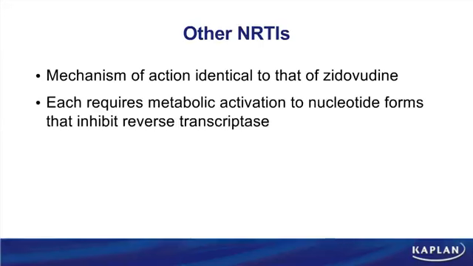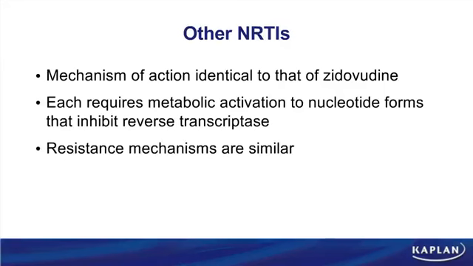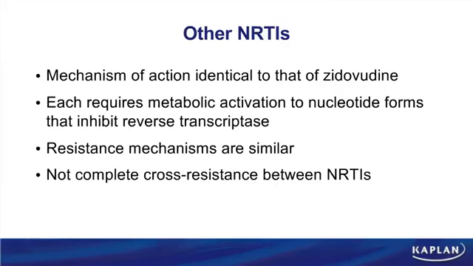Each of them requires 3 phosphates in order to form nucleotides to inhibit reverse transcriptase. The resistance mechanisms are similar, but we don't have complete cross-resistance between different NRTIs. So just because you've developed resistance to one NRTI or perhaps a combination of NRTIs doesn't mean that you can't use other drugs out of this group.